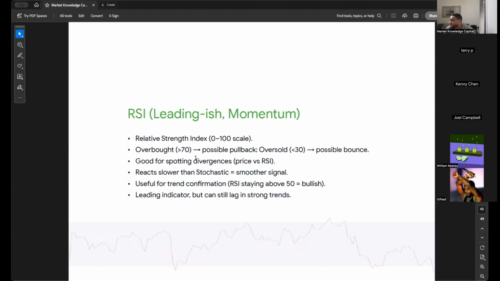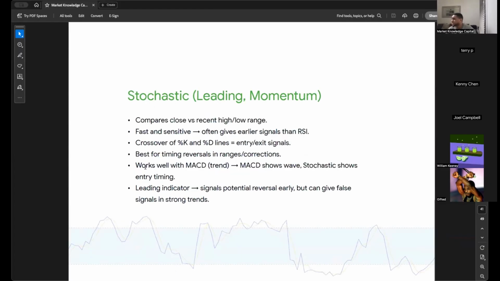So RSI, you all have the cheat sheet for the RSI here. As I said, it's a lagging indicator. It does do a bit of leading as well, but it's more of a momentum indicator, and you can use it to identify your trend. The one that I use now is the stochastic. I've been using this for probably about 10 years. It's a leading and a momentum indicator.